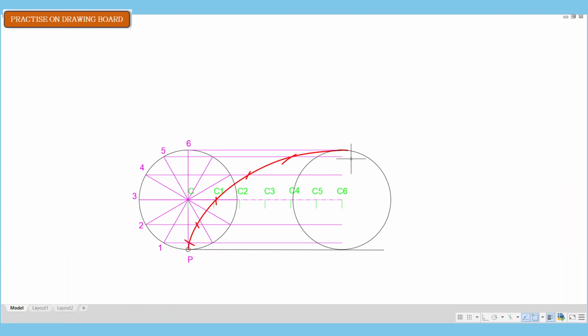we are able to locate the circle. And then we can go ahead and divide it. So we go ahead and divide it.